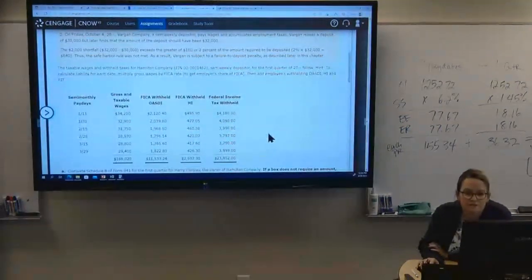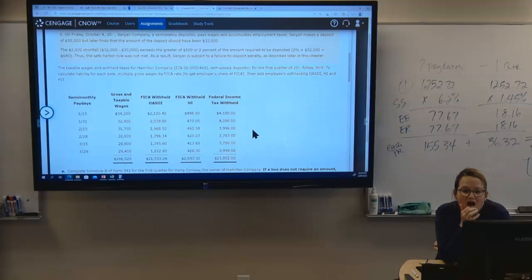Okay, so taxable wages withheld, Hamilton Company, semi-weekly depositor. All right, for the first quarter. So calculate for each date, multiply the gross wages by the FICA rate. These were the pay days.